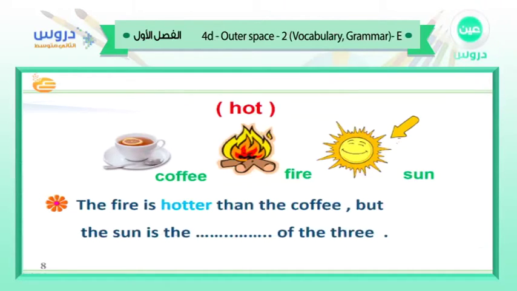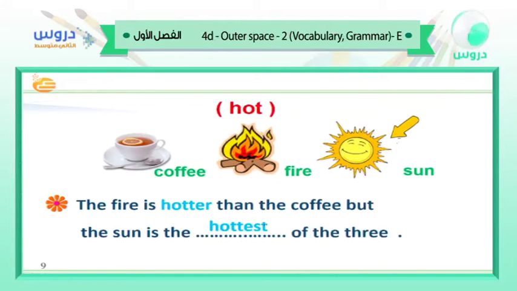But the sun is the blank of the 3. More than 2, we use the superlative. Hot is a short adjective, 1 syllable, so hottest. The sun is the hottest of the three.